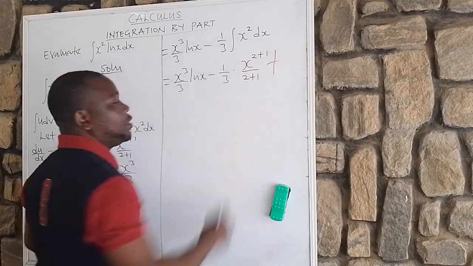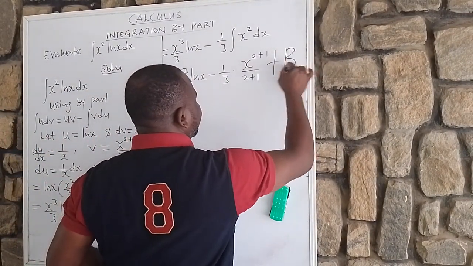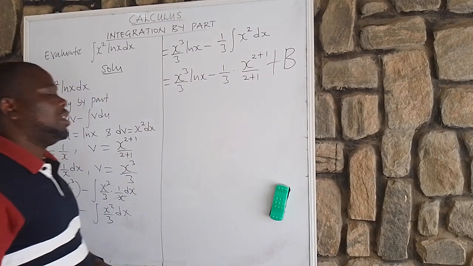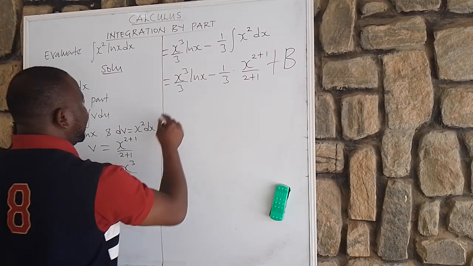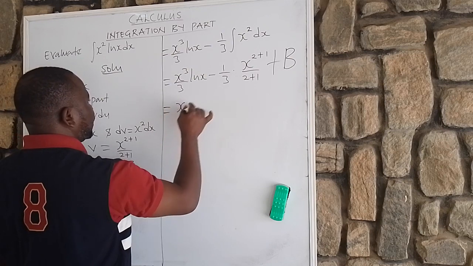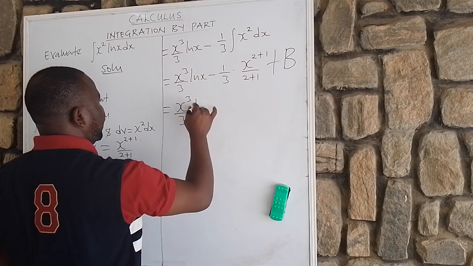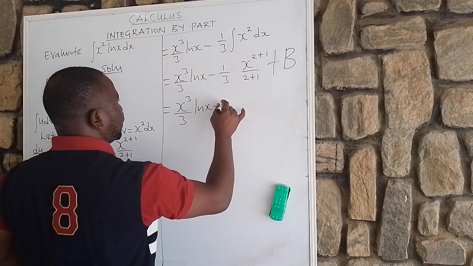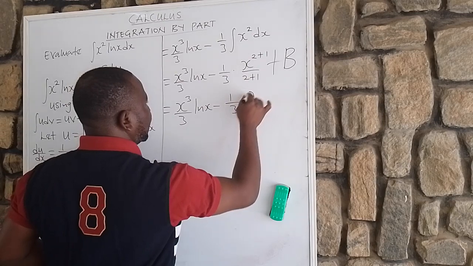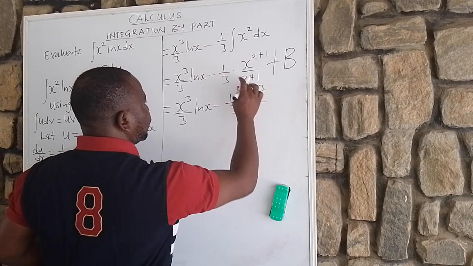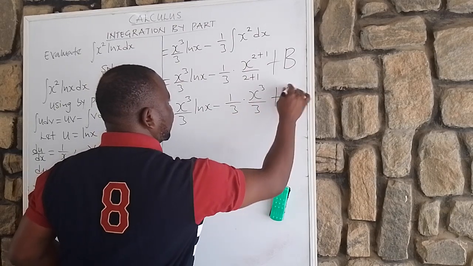Then we can now add the constant, either b or c, but let it be a capital letter. So now here will be x raised to the power of 3 all over 3 times ln x minus 1 all over 3 times x raised to the power of 3, 2 plus 1 is 3, plus the constant.